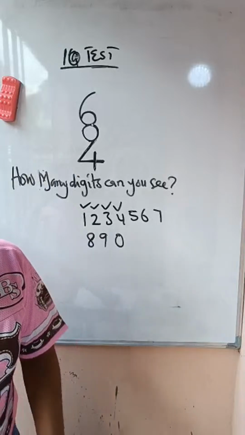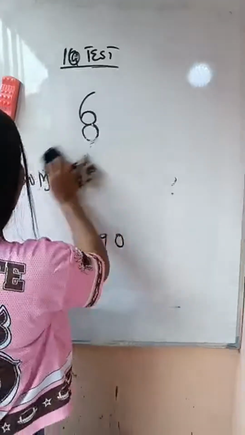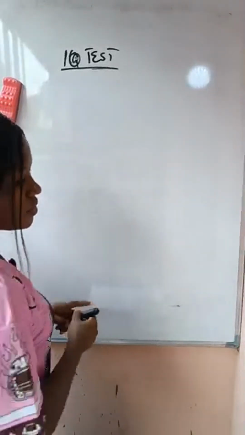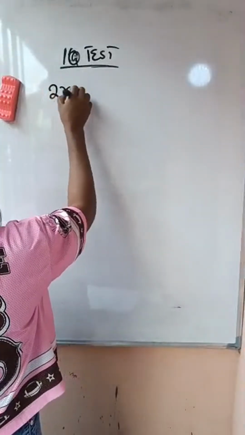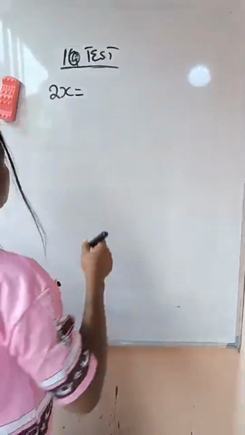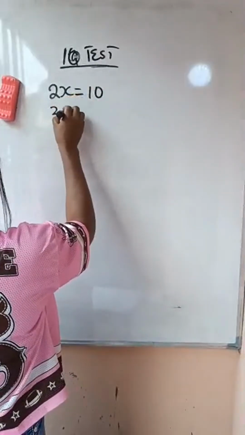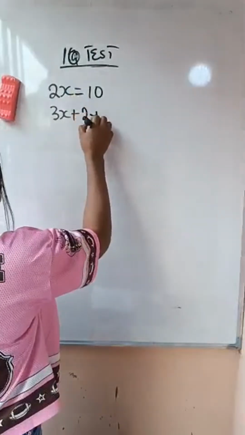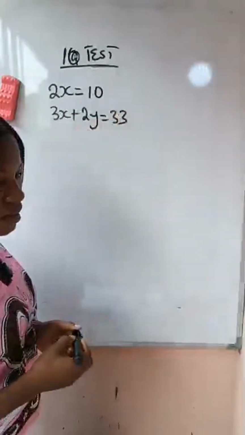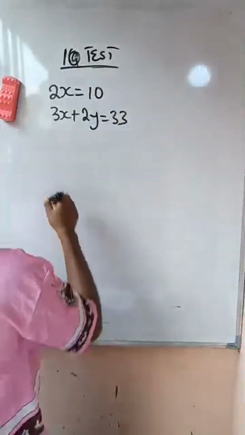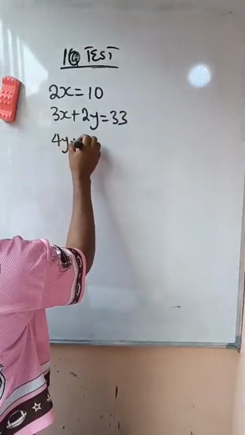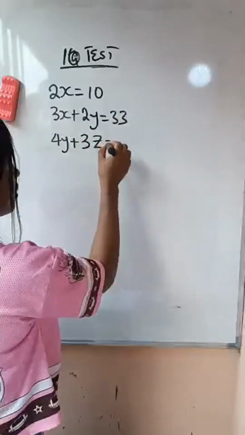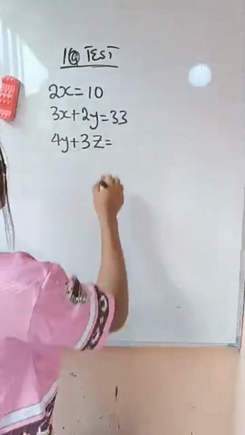The question is saying, I'm going to bring out a system of equations. If 2x is equal to 10, and 3x plus 2y is equal to 33, and 4y plus 3z is equal to 72.